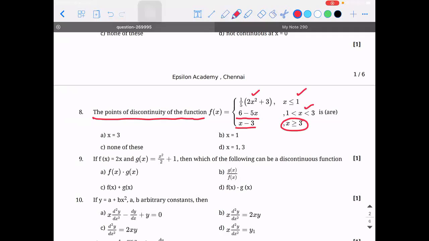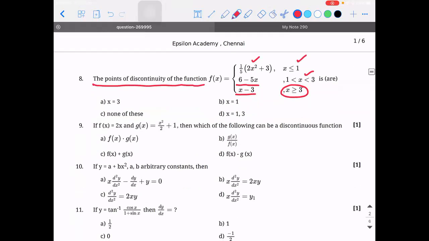If you look at the functions individually, aren't they polynomials? Polynomial functions are continuous on the real number system. Any real number you substitute, it is going to be a continuous function. But we are considering different polynomial functions by breaking the function at x equal to 1 and x equal to 3.